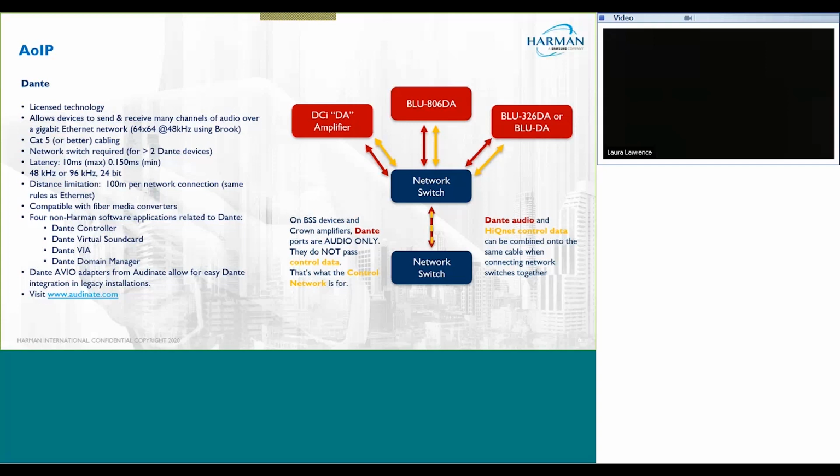I can assign Amazon Prime music to Dante Via. I can assign my Apple iTunes to Via, and then those all show up as separate sources in Dante Controller, and I can then route to anywhere else on my entire Dante network. And again, those natively show up in Dante Controller. And again, I think Via is around 50 bucks. That's US dollars.